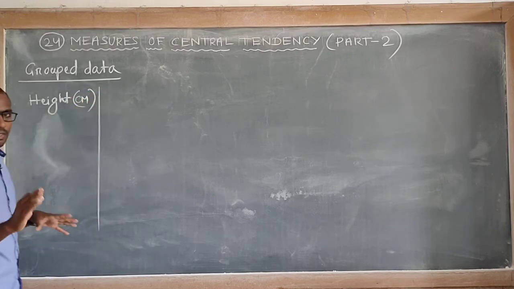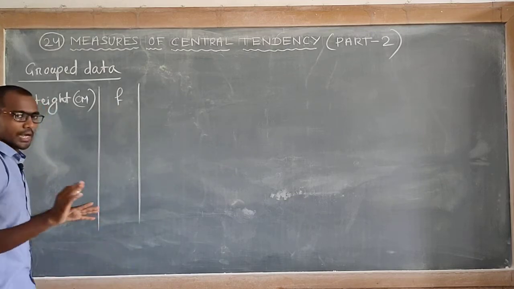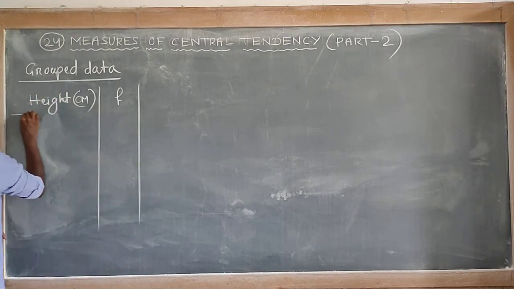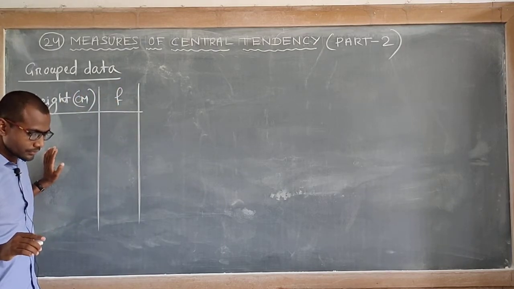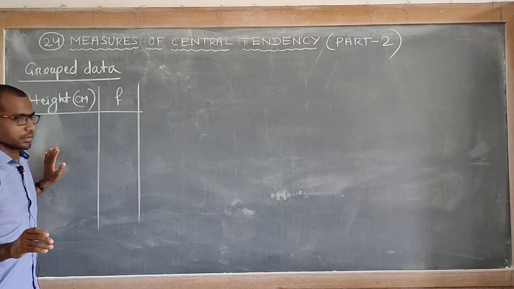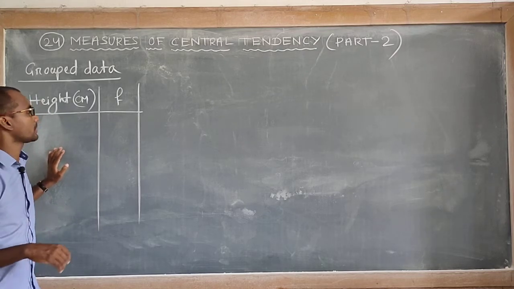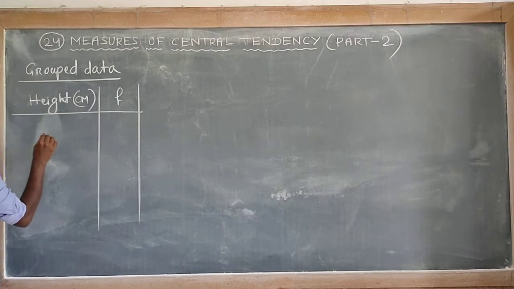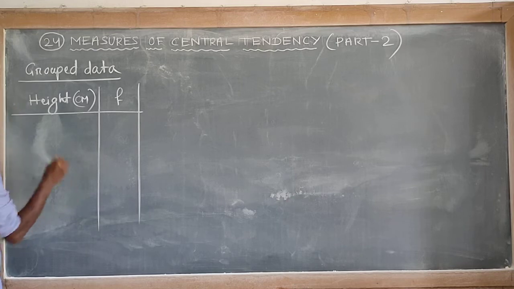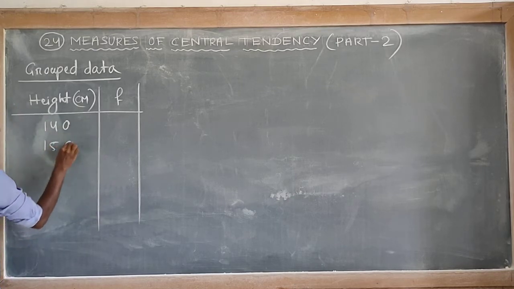I am taking height of children in cm. The number of children, I am simply writing frequency. This is x, this is f. Suppose class 10 children. Let us start from 140.